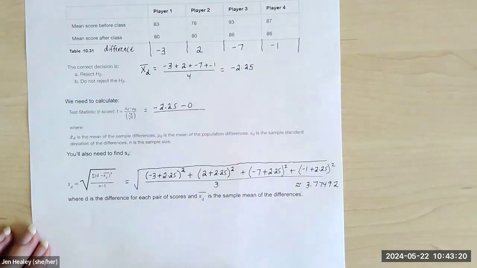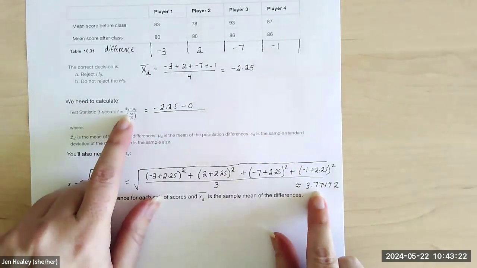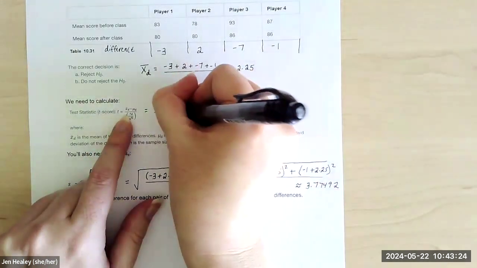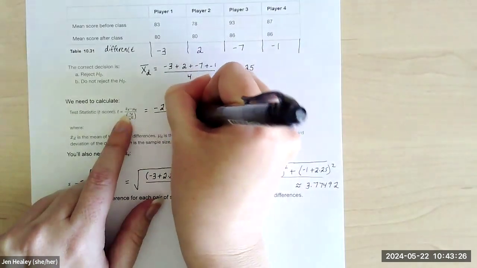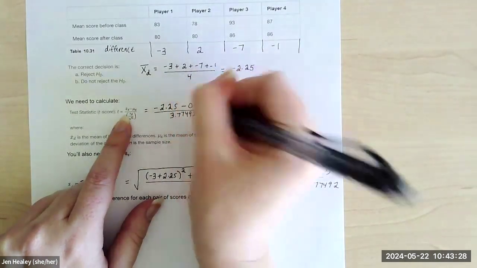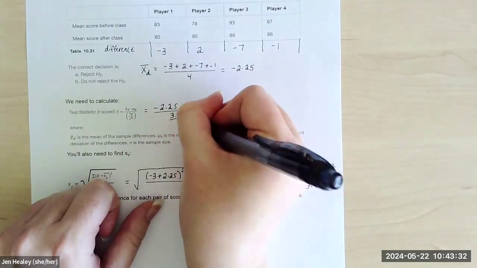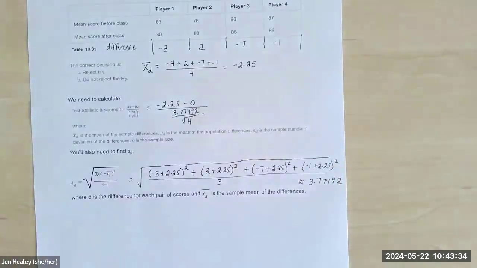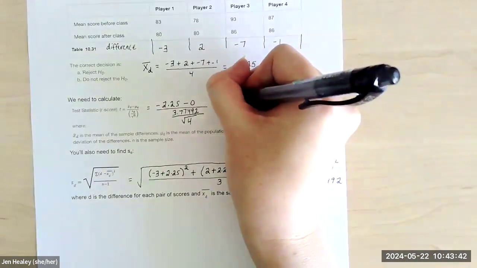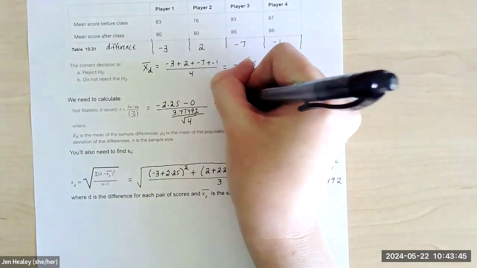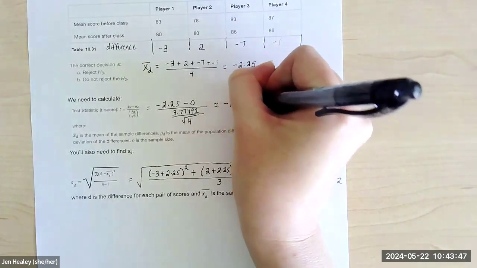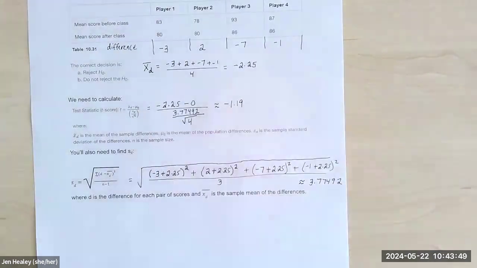We're going to divide that by the S sub D we just got, so the 3.77492 divided by the square root of our n, and the n was 4 for this one. So this comes out to be approximately negative 1.19.